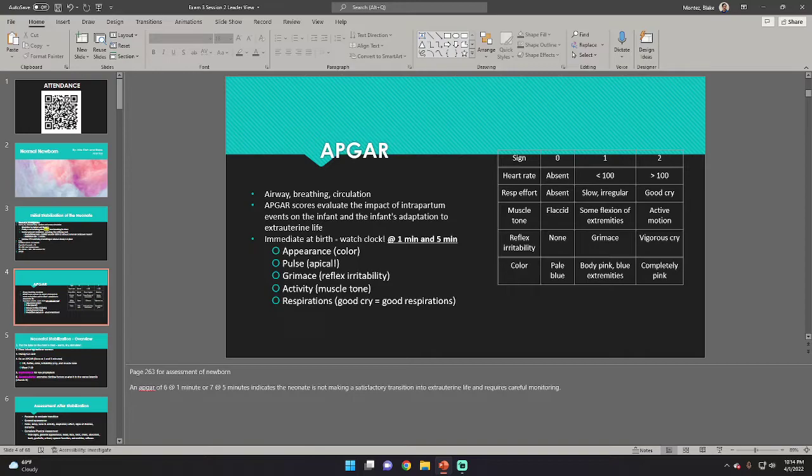When it comes to the Apgar, I would say use your book, use an example. This Apgar definitely will be a potential question, and I'll try to find some that can replicate that.